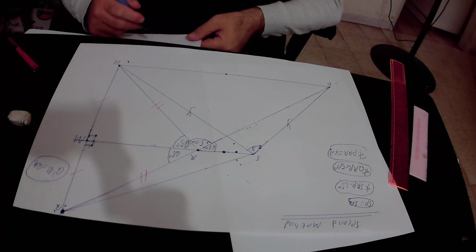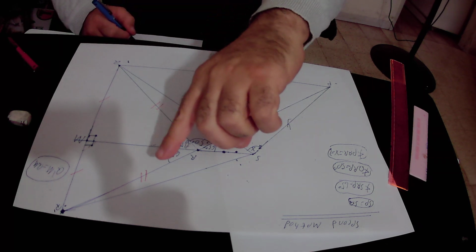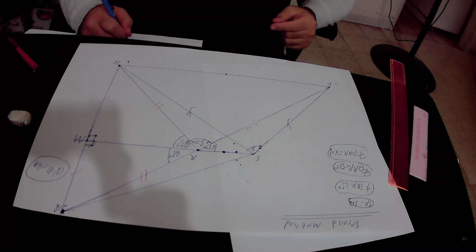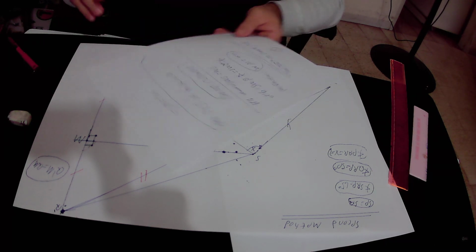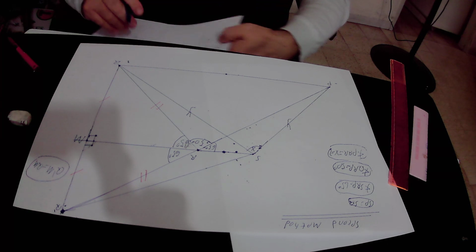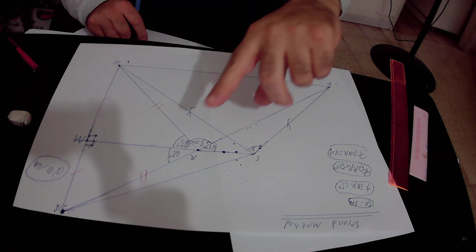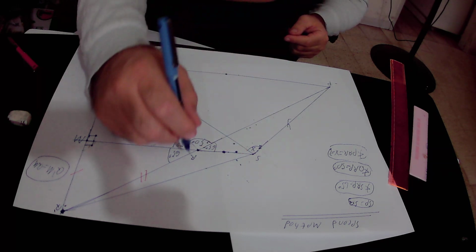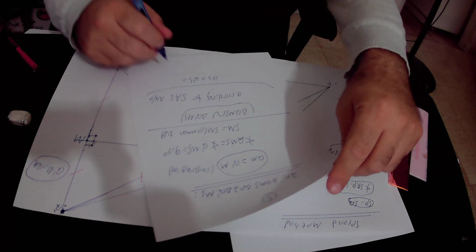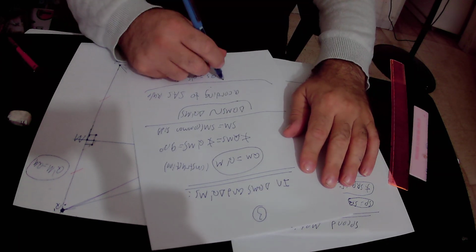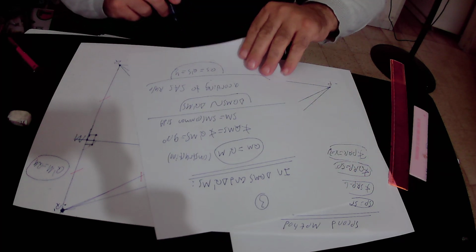So QS equals Q dash S. But we know that QS equals Y. Therefore, Q dash S will also be equal to Y because they are equal to each other. So we found out that QS equals Q dash S and they are both equal to Y.